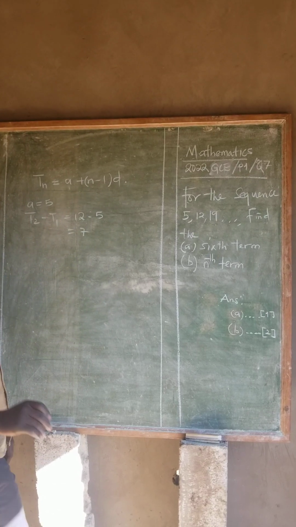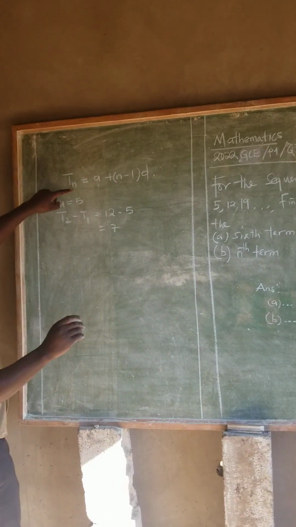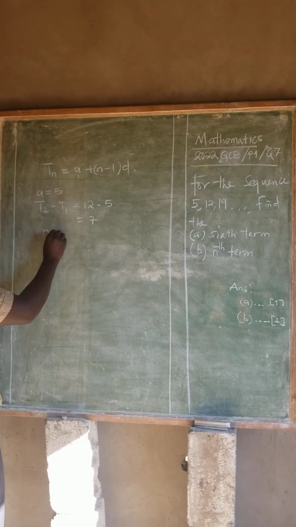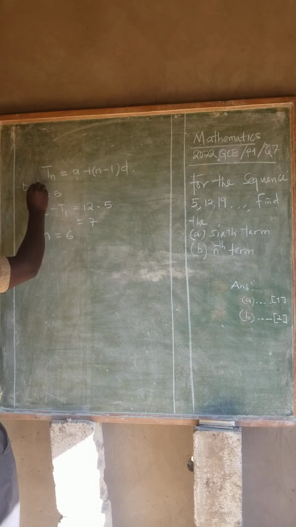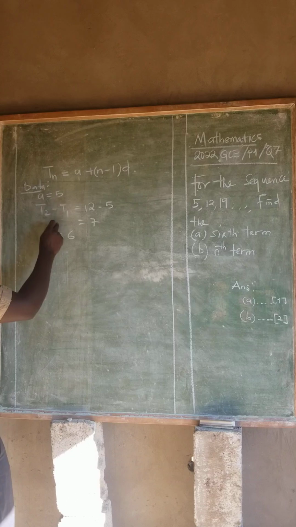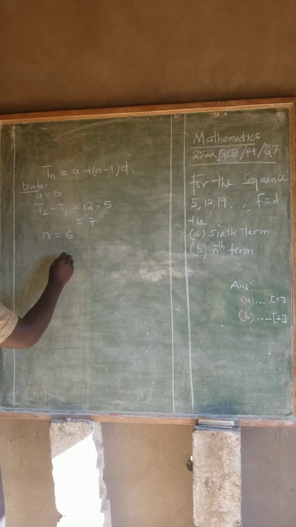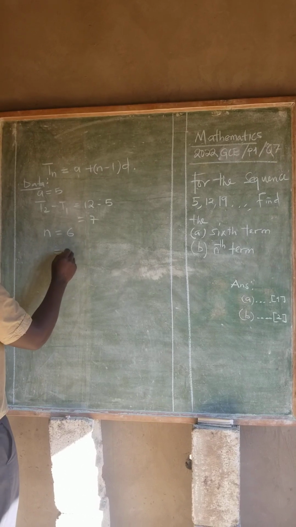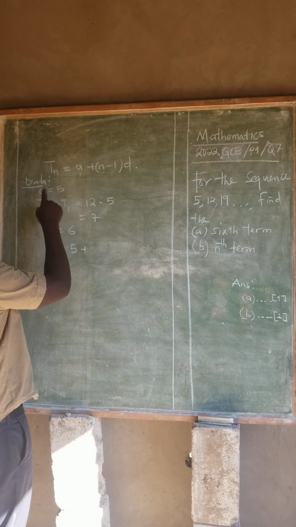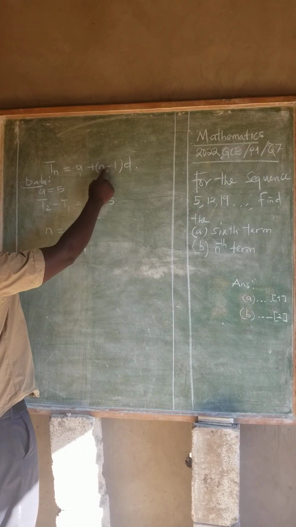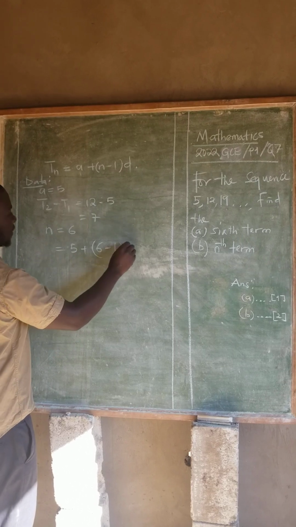Now, the first question asks us to find the 60th term. So it means n here is going to be 60. Substituting this information into the formula, we are going to get 5 plus, 60 minus 1, times the common difference, which is 7.